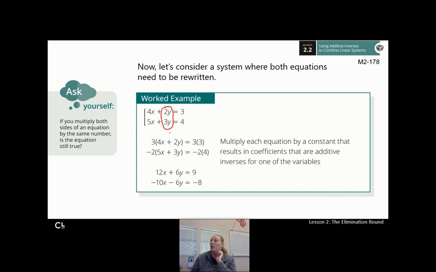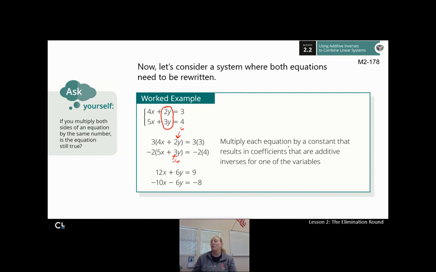So let's multiply this whole top equation by a positive 3 just to make sure that that's going to become 6, right? And then we'll multiply the second equation by a negative 2. Notice it's a negative, so that this guy can become a negative 6, right? Because that'll make that guy positive 6, that'll make that guy negative 6, and then we'll have additive inverses.